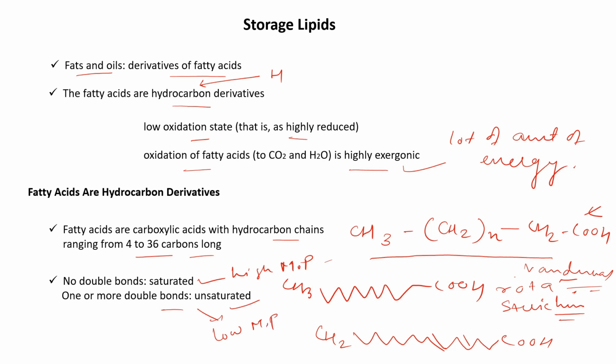Therefore, at room temperature, saturated fatty acids have a waxy nature, they are fats, whereas unsaturated fatty acids are in the form of oils. Can you give an example of saturated fatty acids? Animal fats. These are mainly found in animal fats. And unsaturated fatty acids are mainly products from plants.